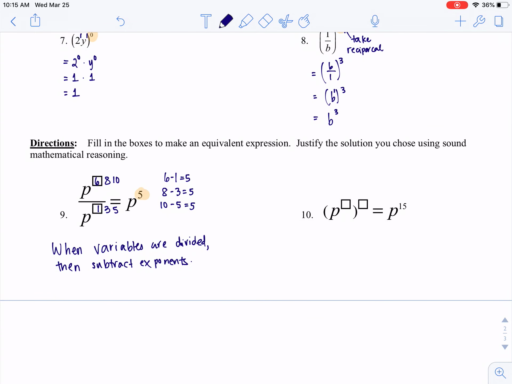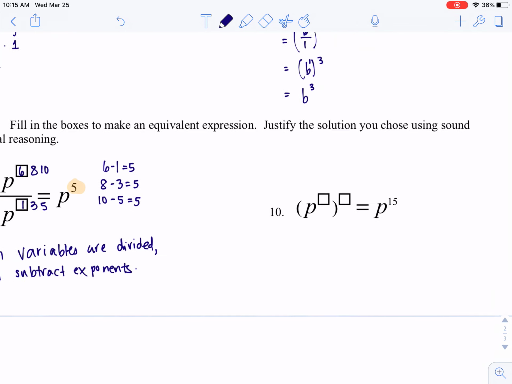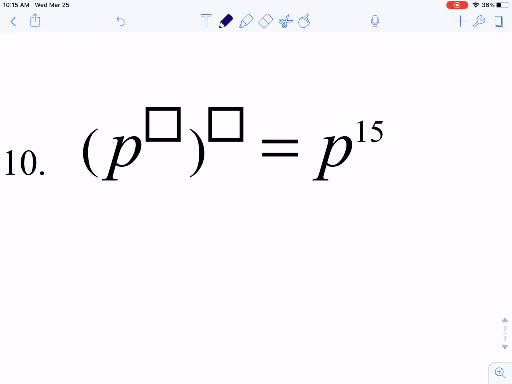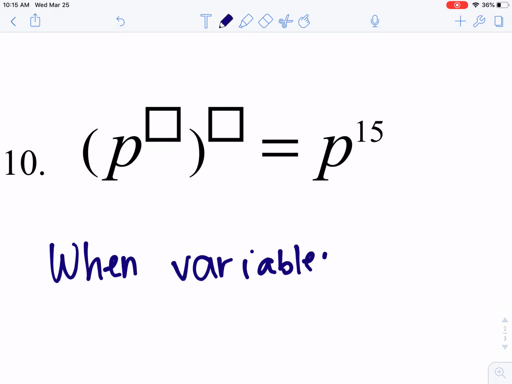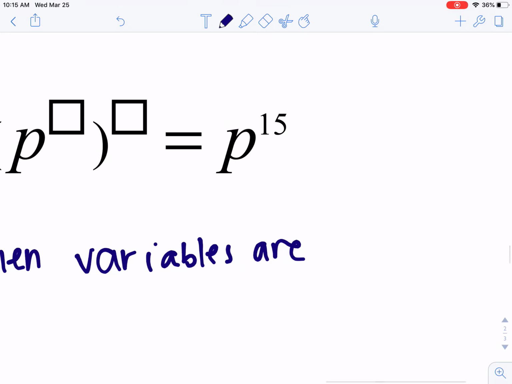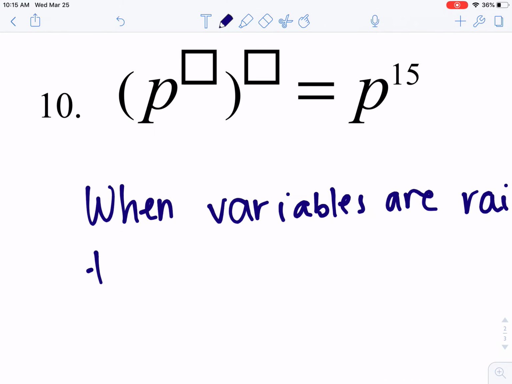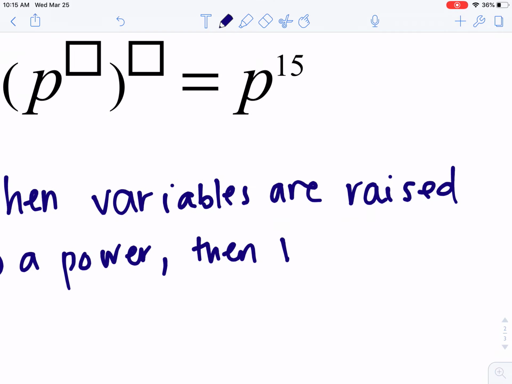Alright. Number 10, we see power raised to a power, so when variables are raised to a power, then we multiply the exponents.